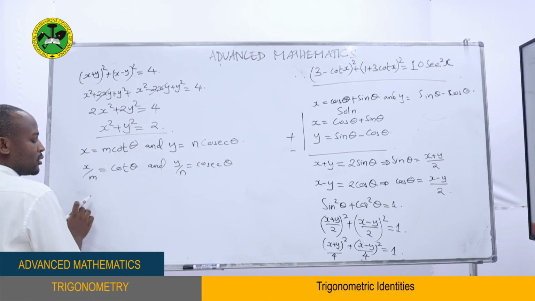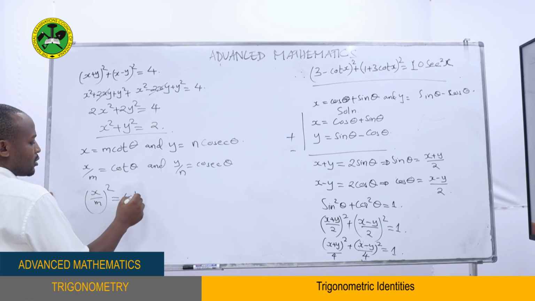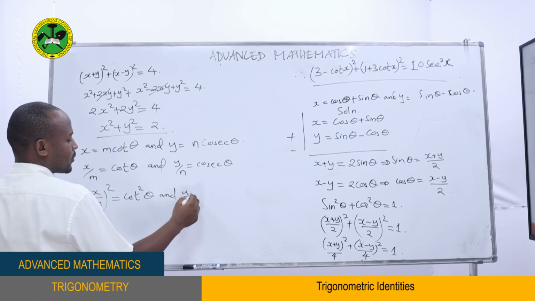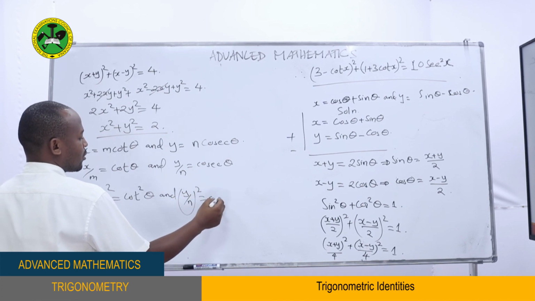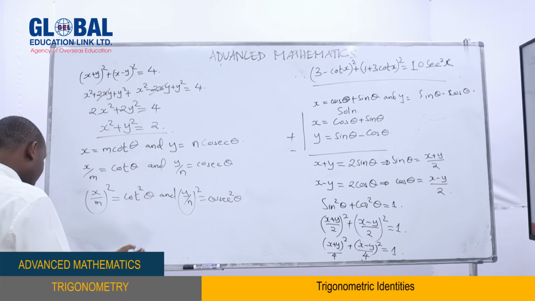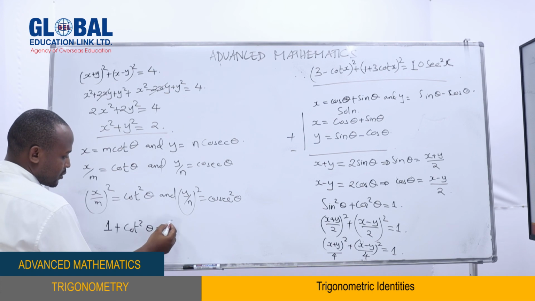If we square both sides, we are going to be left with (x over m) squared equals cot squared theta and (y over n) squared equals cosec squared theta. But we know 1 plus cot squared theta is equal to what?